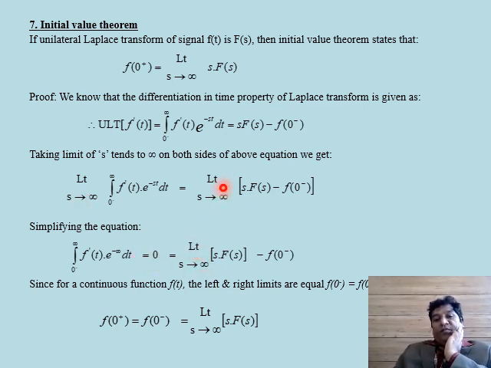And here the first limit will be the limit s tends to infinity of s F(s), and minus, in the second factor it's a constant, so the limit will not apply to this, it is a simple constant, so you will get minus f(0⁻) itself. So from here we can write, since the function f(t) is continuous, f(0⁻), which is equal to the limit s tends to infinity of s F(s), will also be equal to f(0⁺).